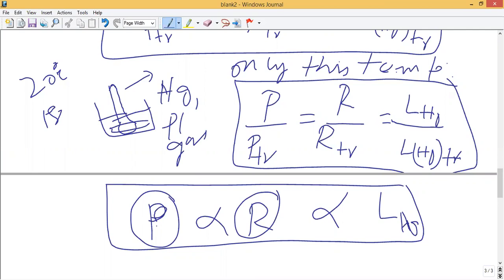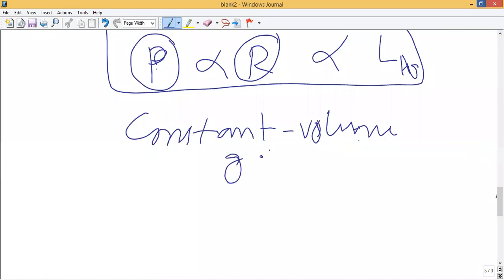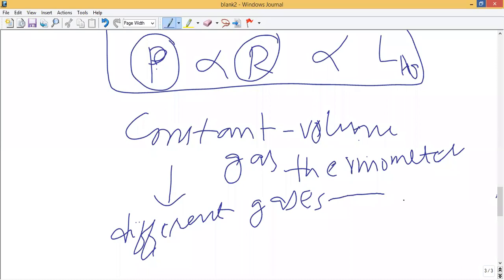Okay, even for a constant volume gas thermometer, if you have a constant volume gas thermometer and you put different gases, that will also give you different values of temperature.